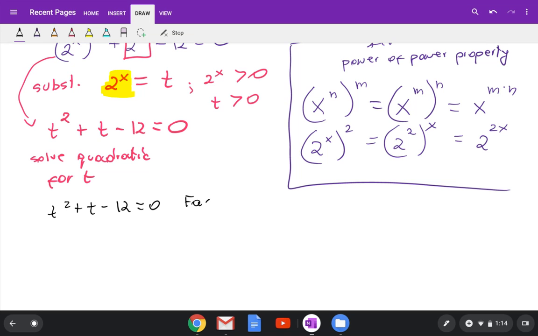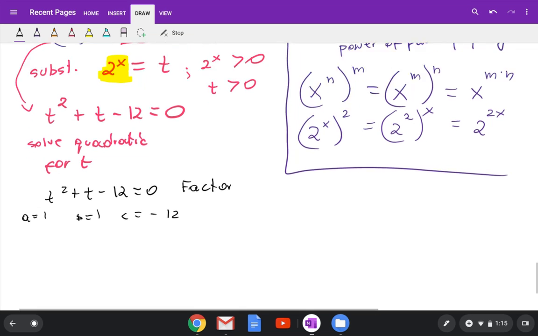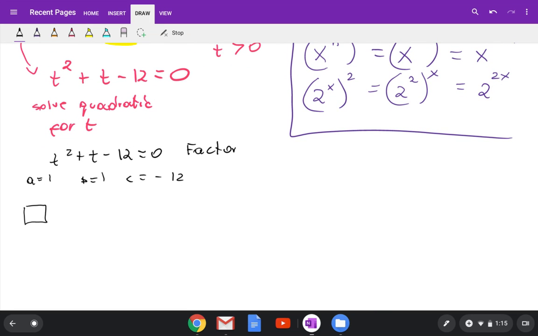So we're solving the equation t squared plus t minus 12 equals 0. Let's factor this. I'm going to use the AC method. A is equal to 1, B is the coefficient of t which is 1, C is equal to negative 12. So find two integers which by multiplication will give you AC, which is negative 12, and the same two integers which by addition will give you B, which is 1.